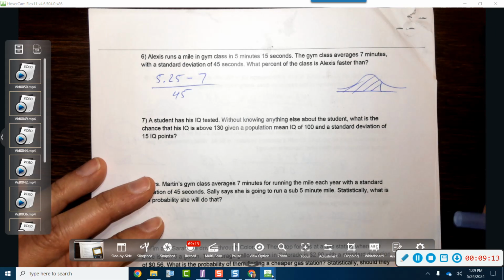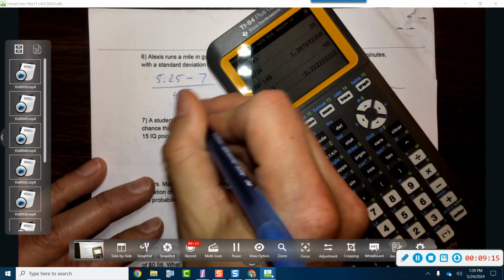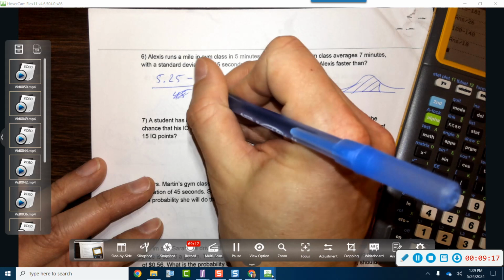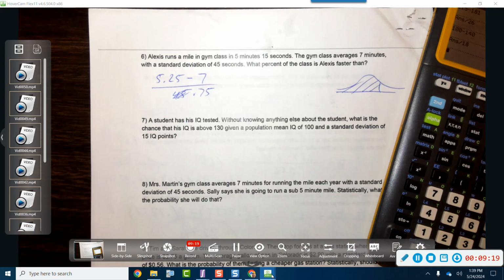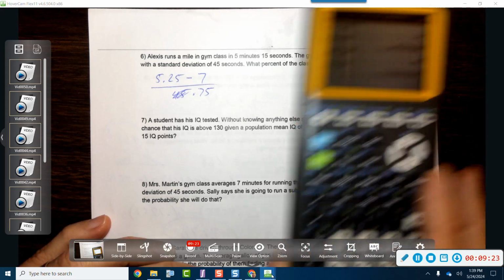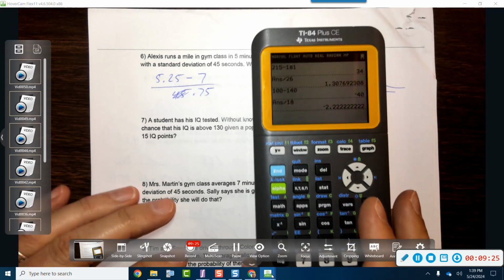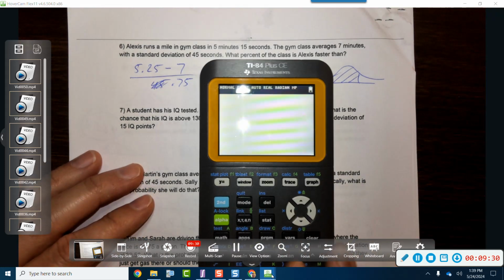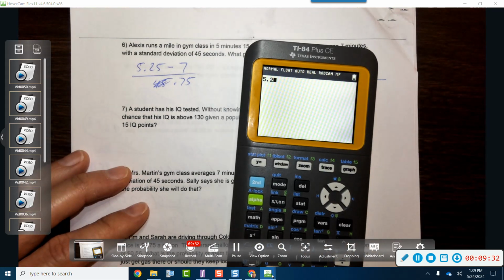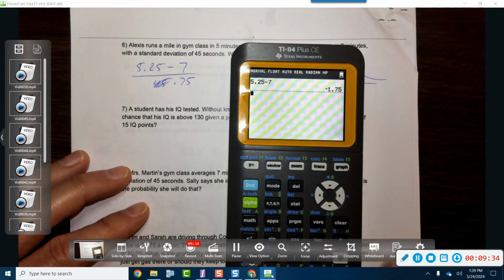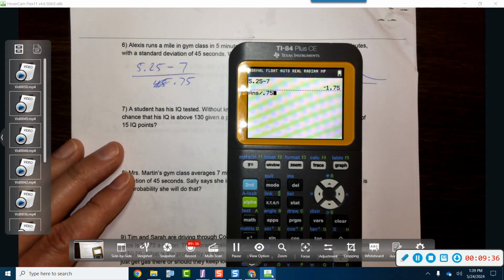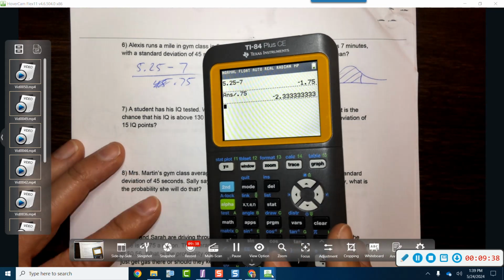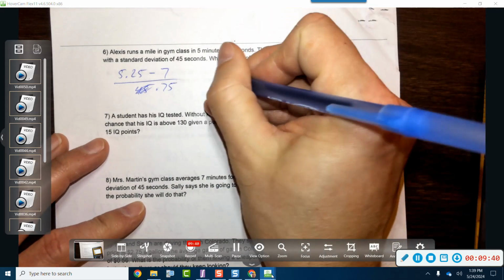So that can't be 45. That is actually 0.75 minutes. So we've got to put this all in minutes or all in seconds. It's up to you. It doesn't matter as long as you are consistent. So 5.25 minus 7, divided by 0.75, and we get negative 2.33.